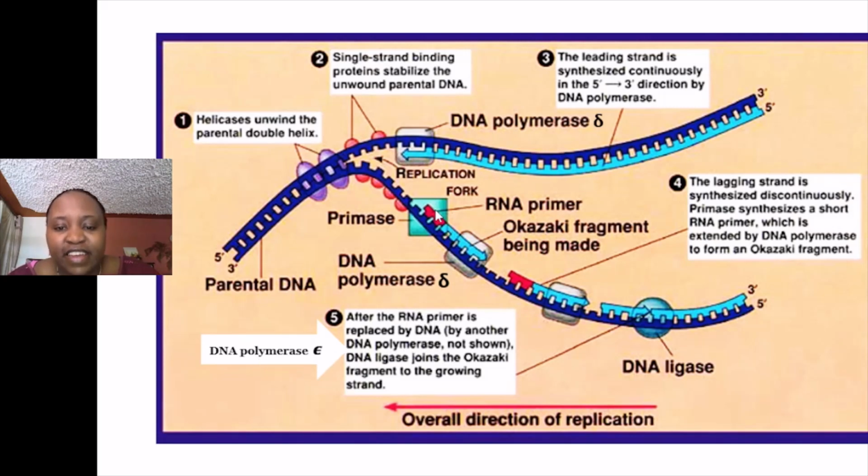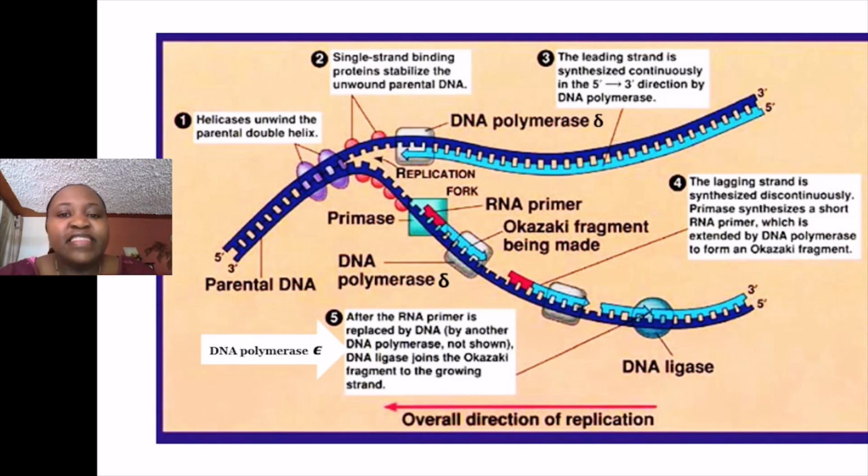And then after it has been replaced, the fragments are going to be joined by DNA ligase. So now it will join the DNA into a complete strand, and all the Okazaki fragments will eventually be closed up. And that is how we have DNA being replicated within the cell.